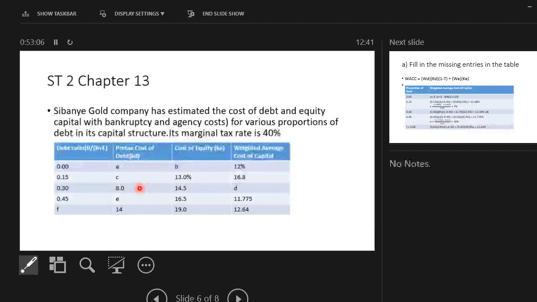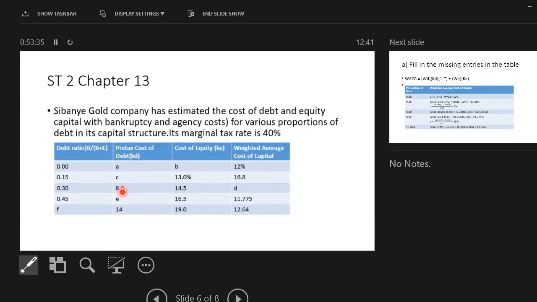Yeah, apply the formula. The formula is WACC is equals to debt portion multiplied by cost of debt.